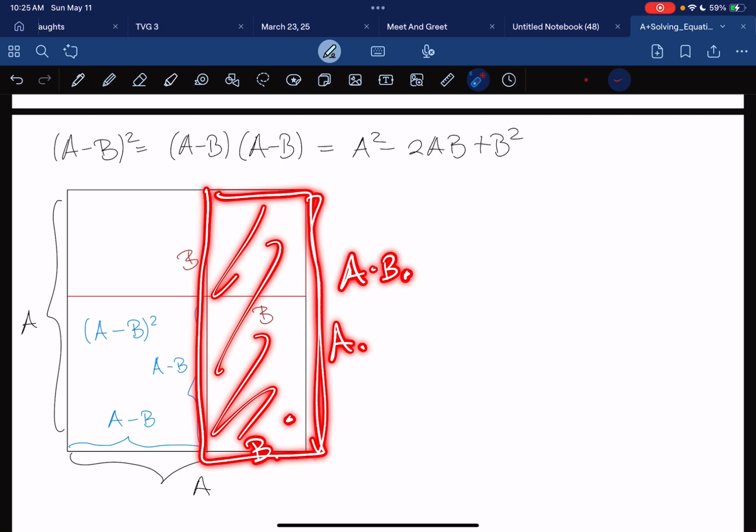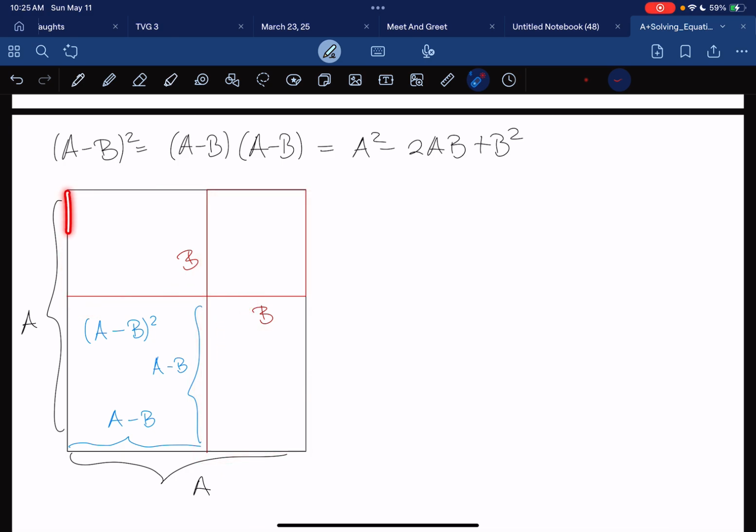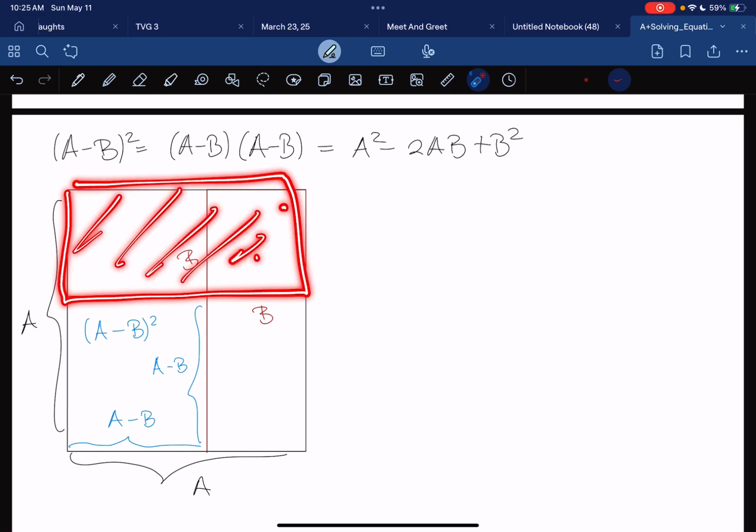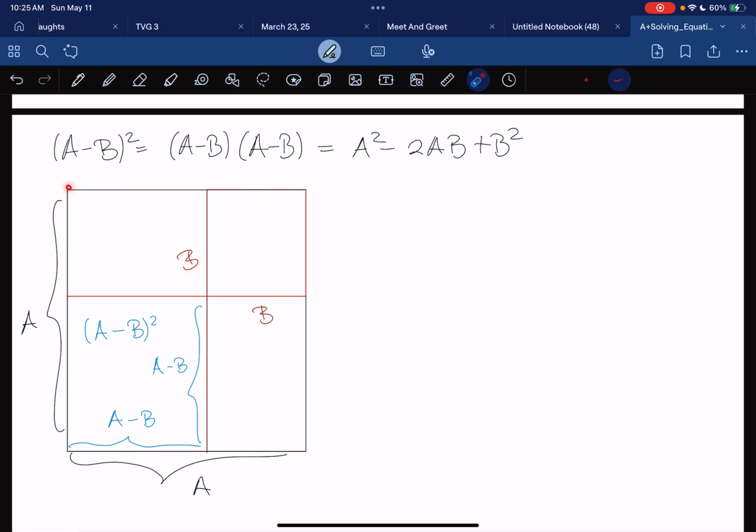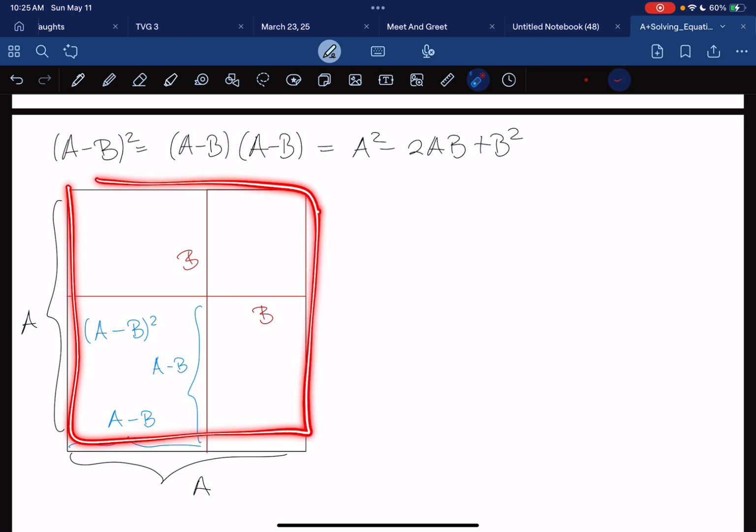Now, the other term that we have to subtract is this here, but we're kind of lazy, so what we're going to do is subtract this whole term down here. And here the base is a and the height is b. So we have a times b, right? So we have our total square, which is a squared. And we're subtracting ab and subtracting ab, right?